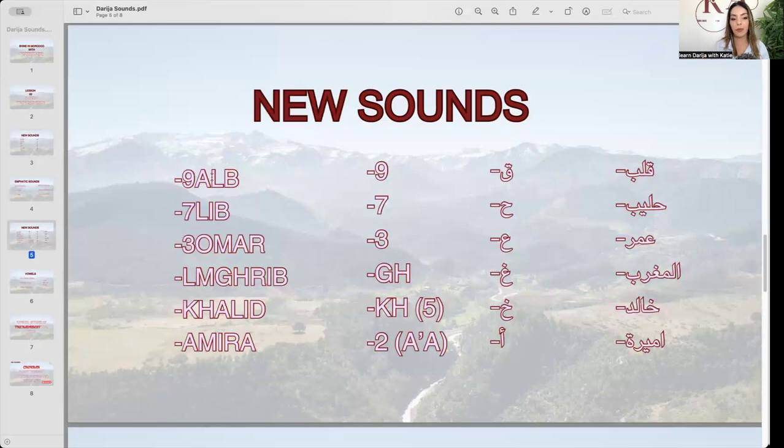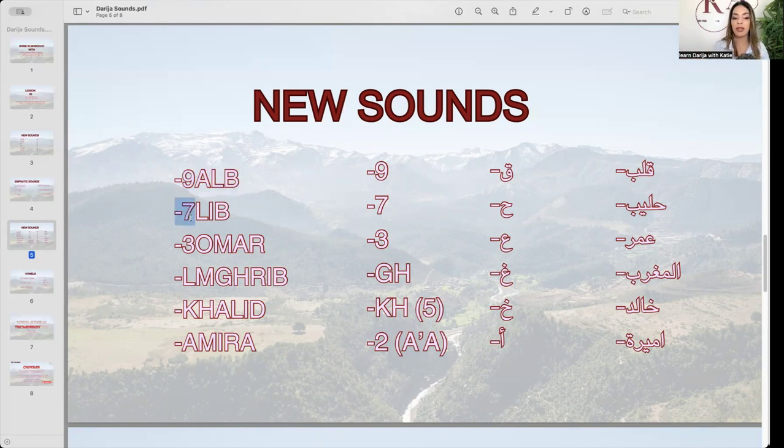مثلا, for example, قلب. We have number 9, vowel, ق, and then لب, قلب. قلب means heart. So that's how it looks in the Arabic script, how we normally write in day-to-day life. Okay.